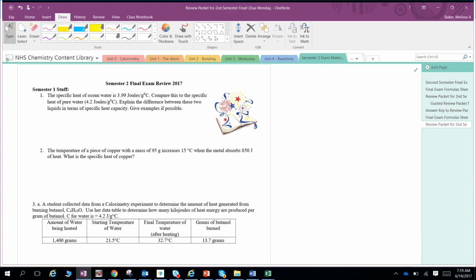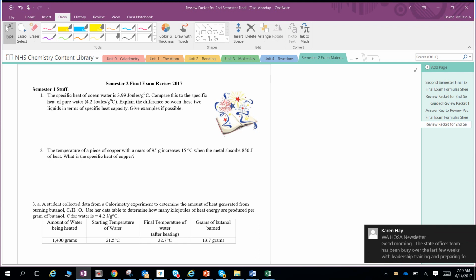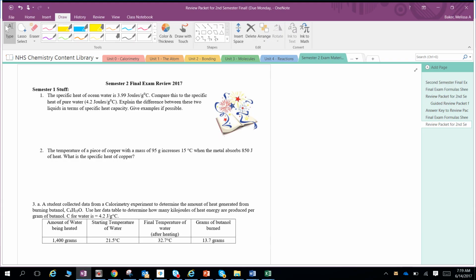Specific heat is how much energy it takes to heat up a particular substance by 1 degree Celsius and 1 gram of it. So, for example, pure water is one that we've talked about a lot. It takes 4.2 joules to heat up 1 gram by 1 degree Celsius.